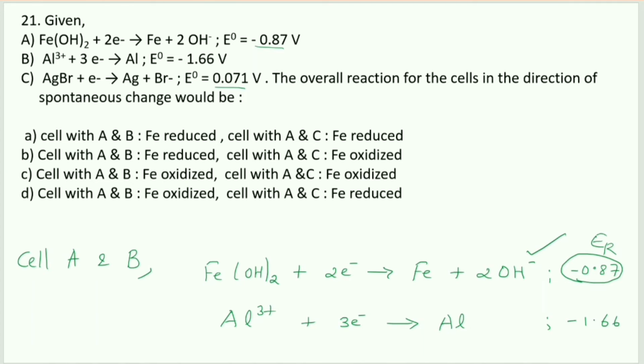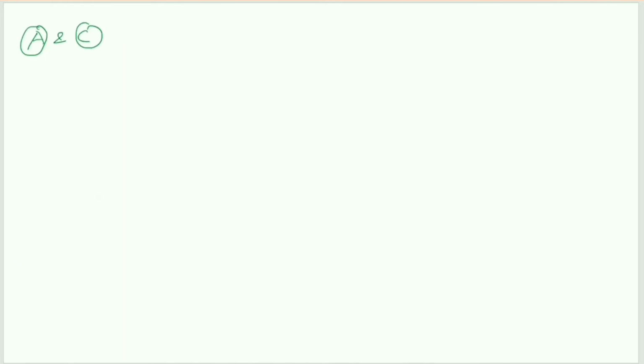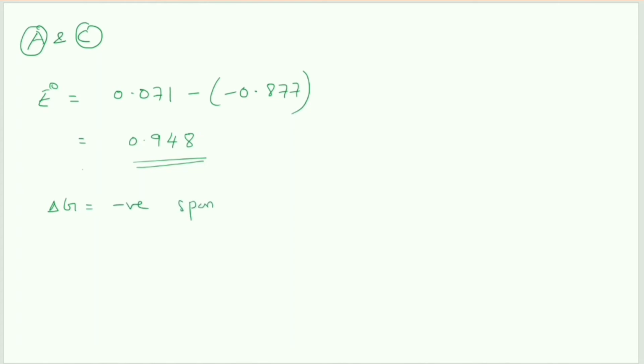So we have to take it as E right. So EMF E0 will be 0.071 minus (minus 0.877) equal to 0.948. So here also EMF is positive, so delta G will be negative and the reaction will be spontaneous.